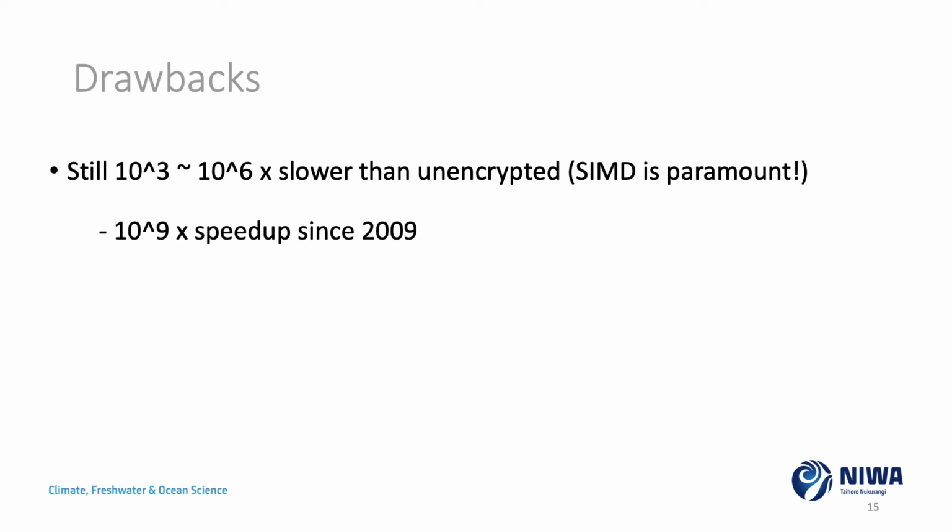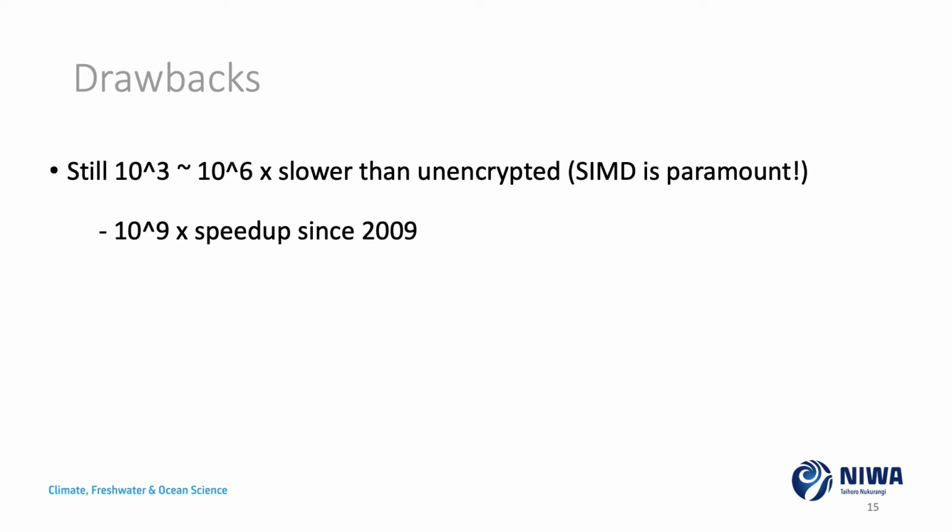So it can be 1,000 times slower or 1 million times slower than performing the same operation on unencrypted data. There are certain features on your CPU that are highly required if you want to make it doable, or make it run fast enough so you wouldn't pull your hair out, basically.